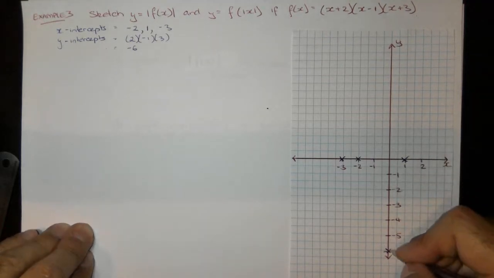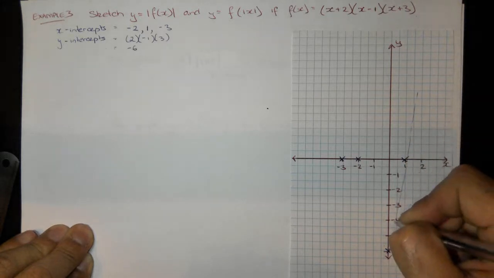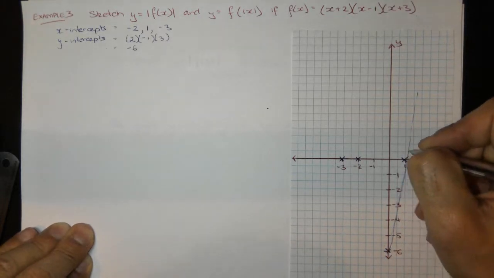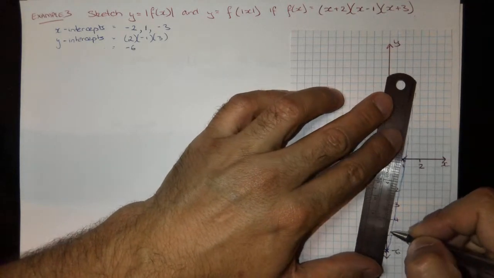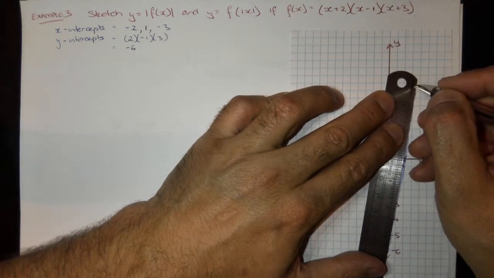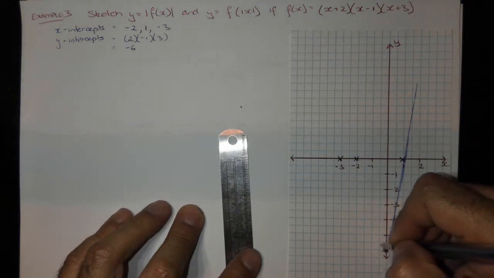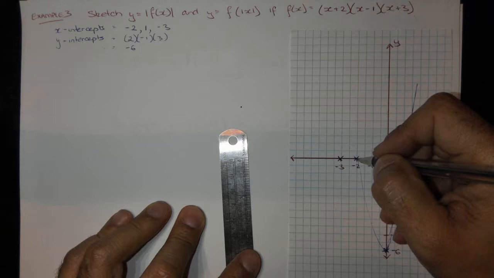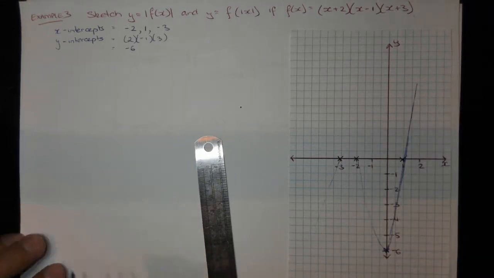Okay, so I'm doing something like this. I can come up somewhere here and go down this way. But I don't know where this point is, so we're going to find out.